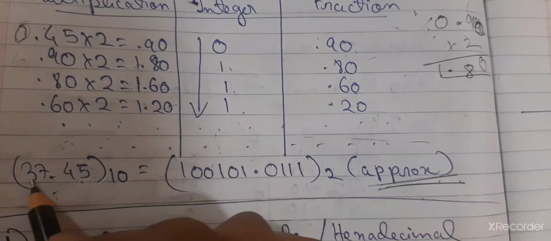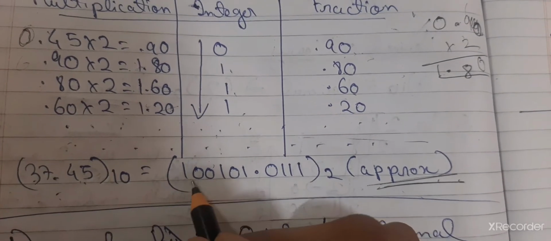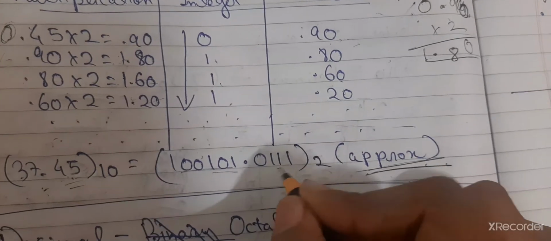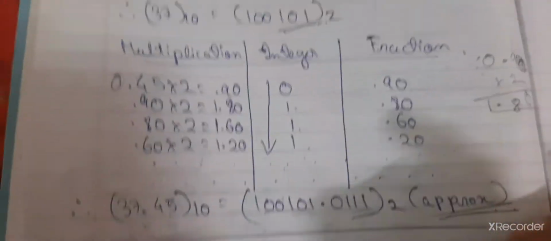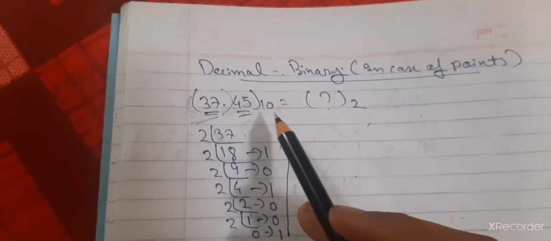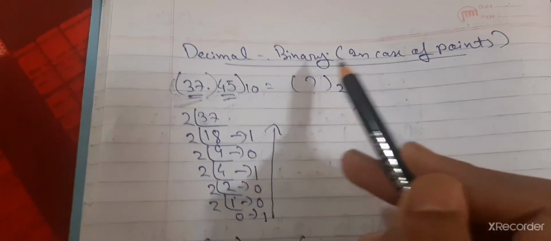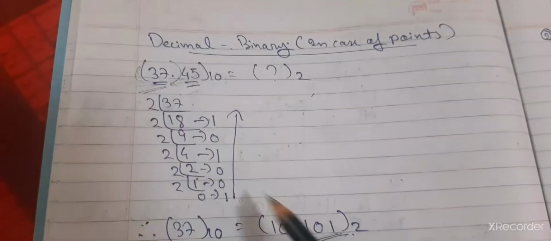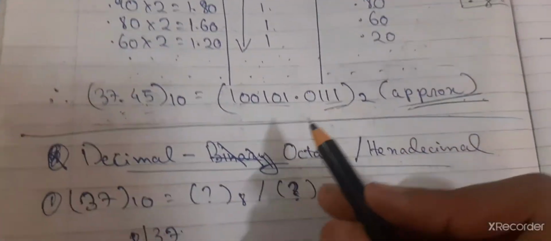As we have got the 37 binary form, this one, and the 0.45 binary form, this one. So this is how we convert decimal to binary in case we have a point digit. I hope that is clear to all.